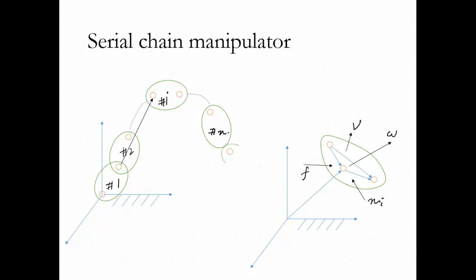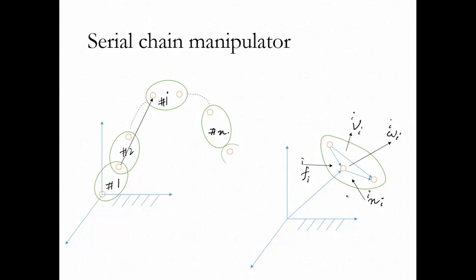We can write it this way, as we have seen earlier: v_i and omega_i. Each link has its linear velocity, maybe at the link origin or at the center of mass, each link has an associated angular velocity, and each link is influenced by forces and moments.